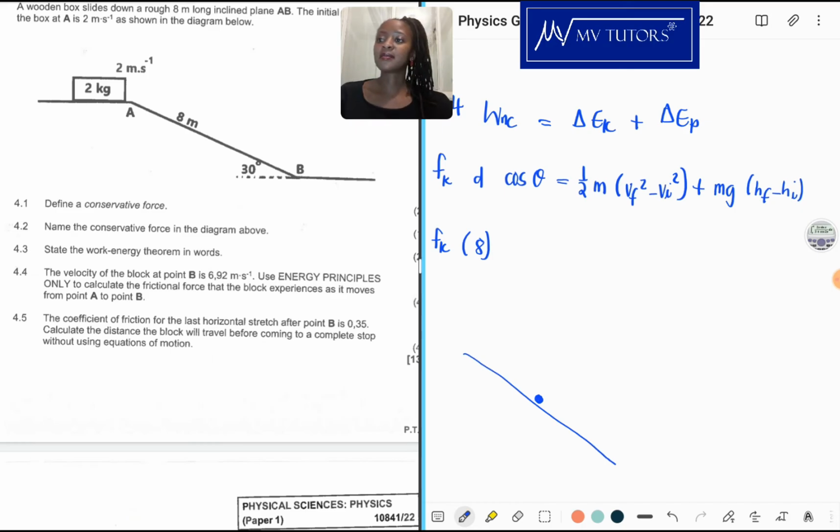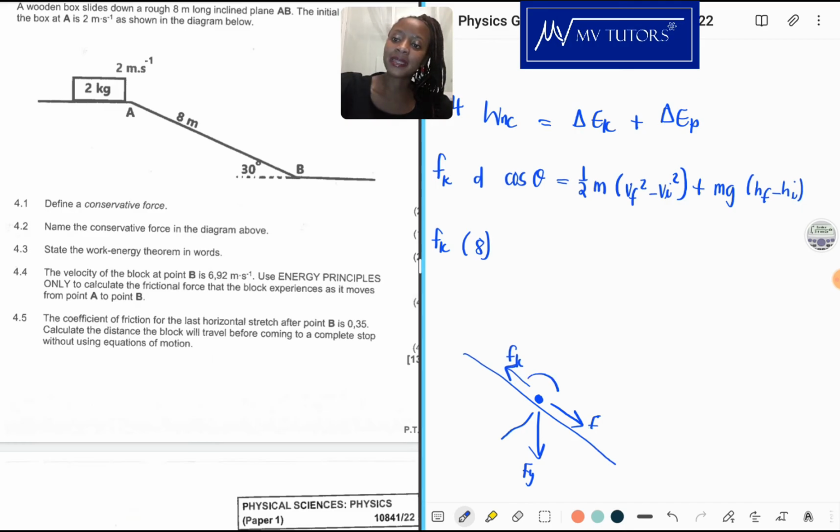This is basically if my block were to be there, your friction is acting in this direction, and your force of gravity, well, that's if you put it in its components. Obviously Fg is like that, but that would be Fg sine theta. But anyway, this is the force applied by gravity.